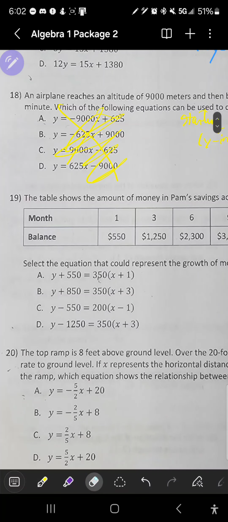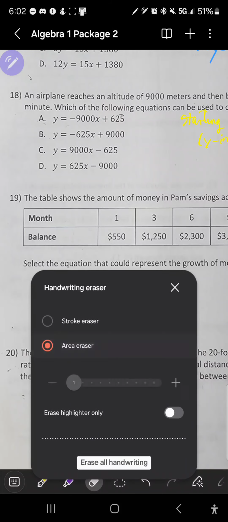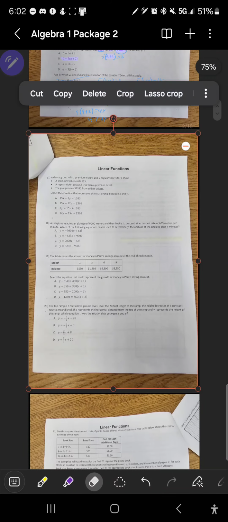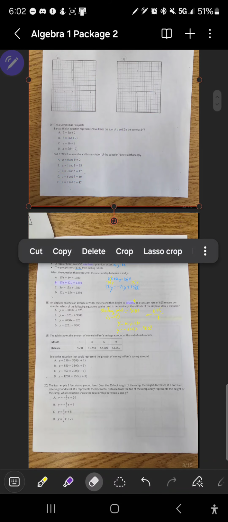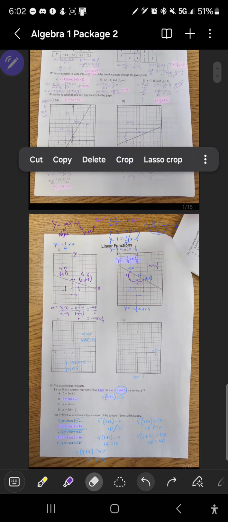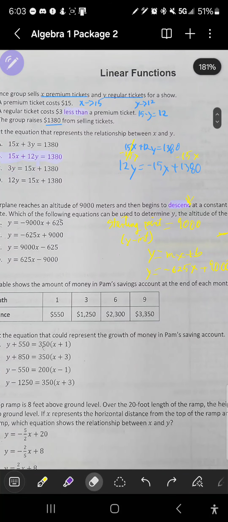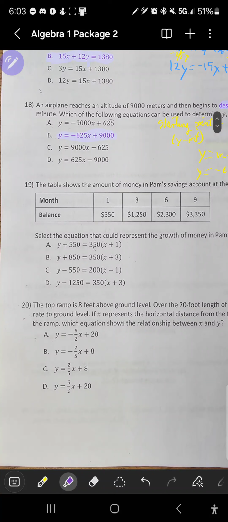And when I go here, let me make this bigger. And I see this. And that's our answer.